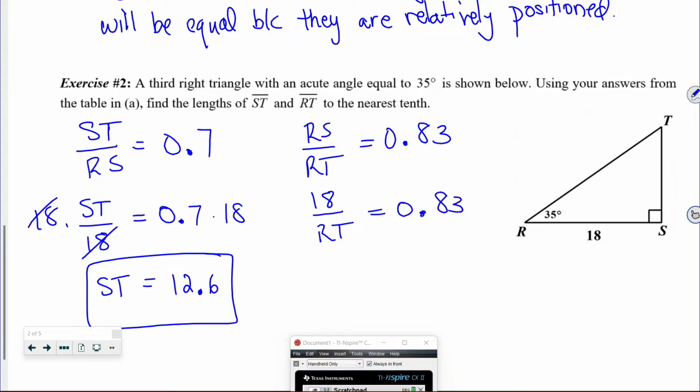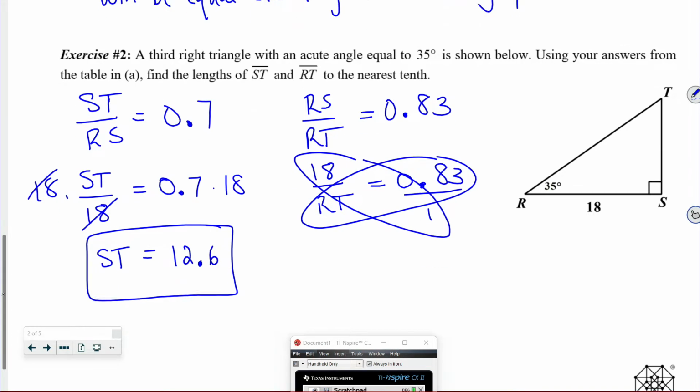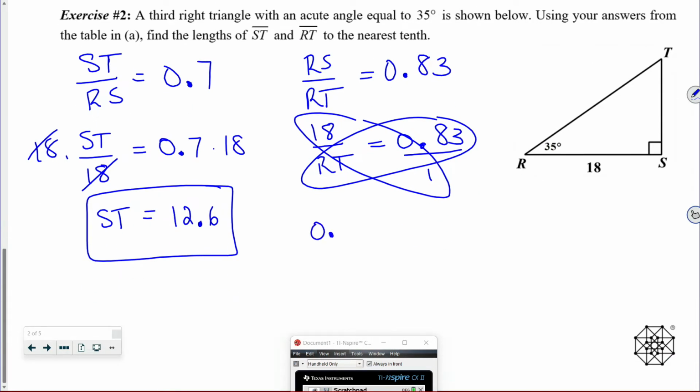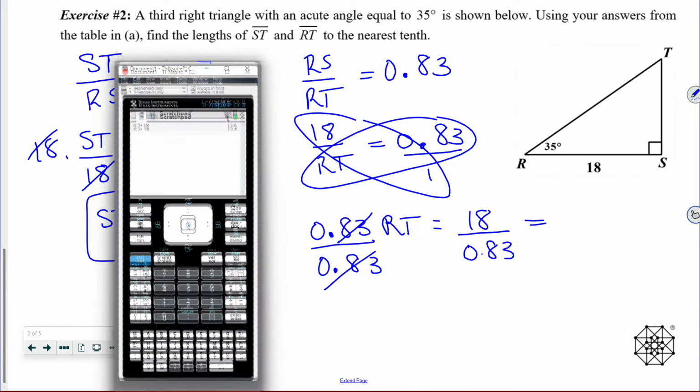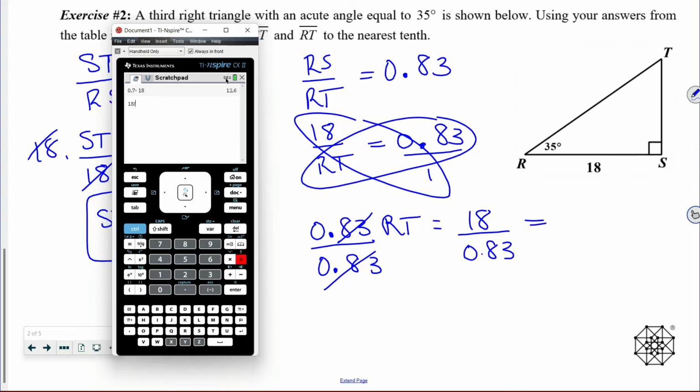Here I'll have to kind of cross multiply, and I'll get 0.83 times RT is equal to 18, and now divide by 0.83, and that will give me RT is 18 divided by 0.83, and that is 21.7 to the nearest tenth.